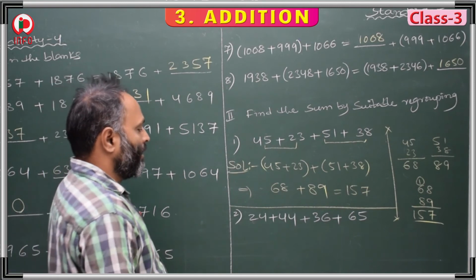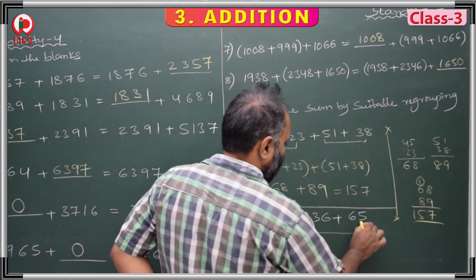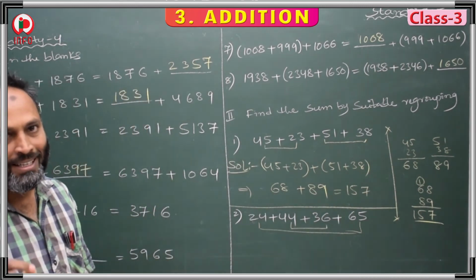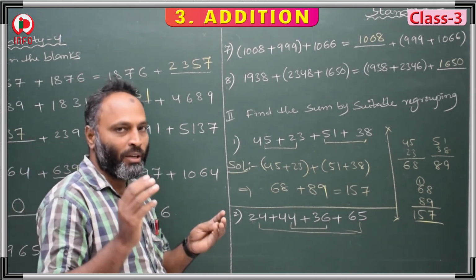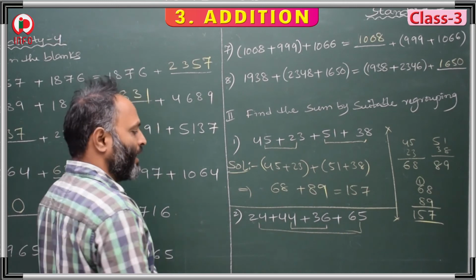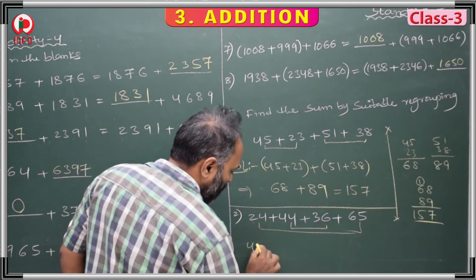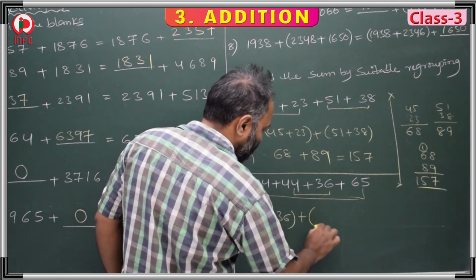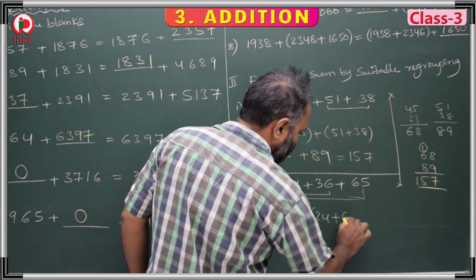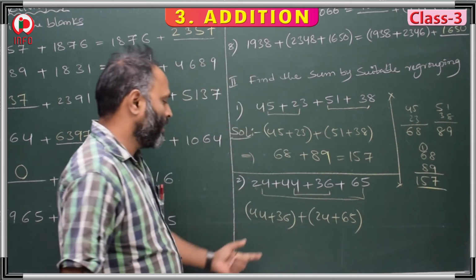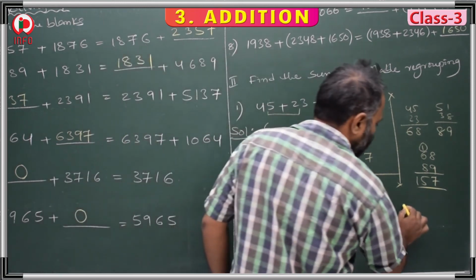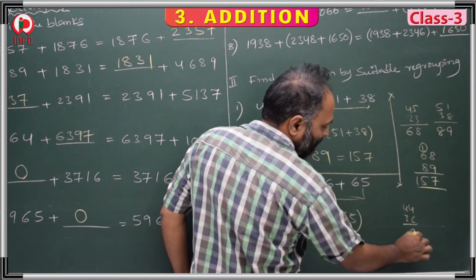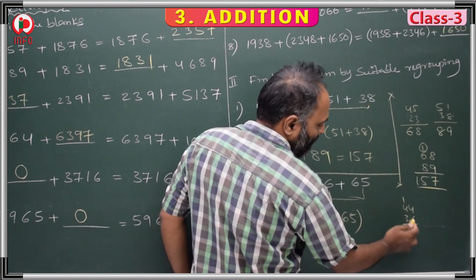Now I want to take these two in one group and these two in one group. That is your wish. Whatever easy method you think, in that way you make a group and find your addition. 44 plus 36 in one group, plus 24 plus 65 in one group. 44 plus 36: 6 plus 4, 10, 0 here and 1 here. 5, 80.